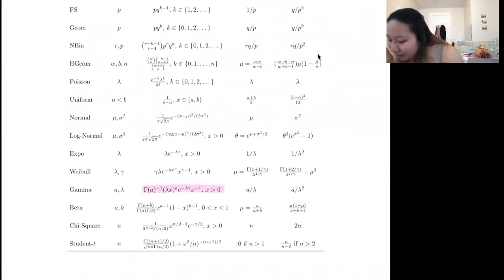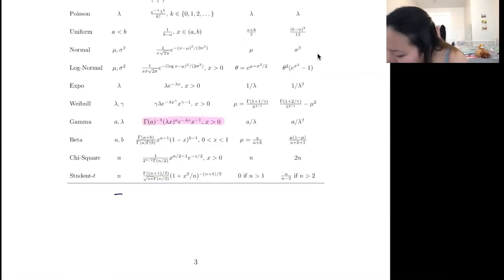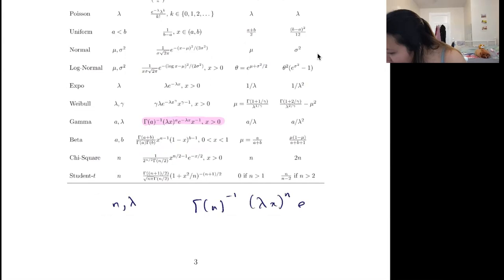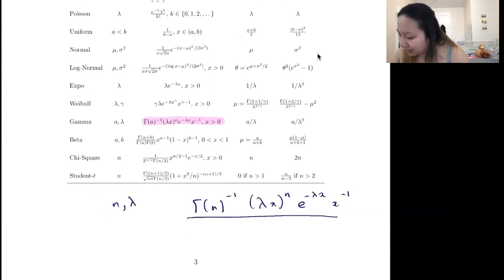So we have Gamma(n, lambda): that's going to be Gamma(n) to the -1, lambda x to the n, e to the negative lambda x, and then x to the -1.